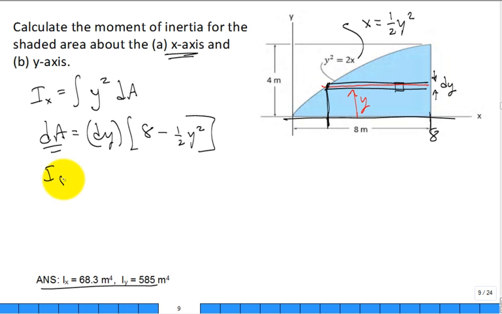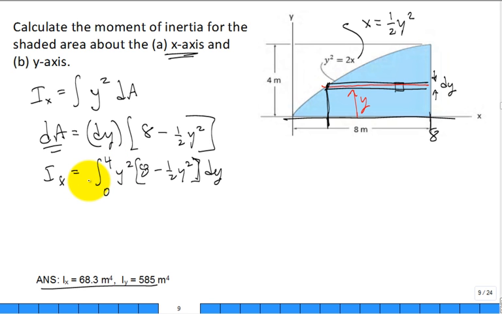So I sub x is equal to the integral of y squared times 8 minus 1/2 y squared times dy. We integrate. What's our lower limit on y? 0. What's our upper limit on y? 4.